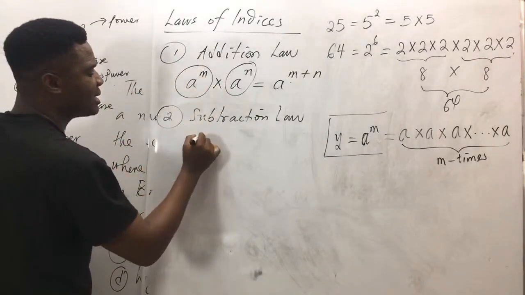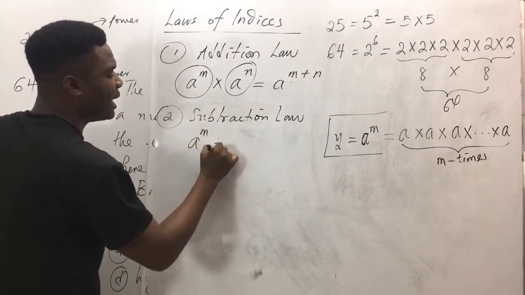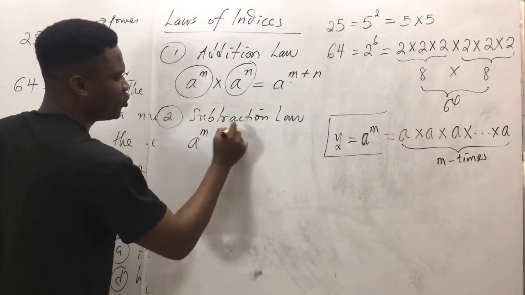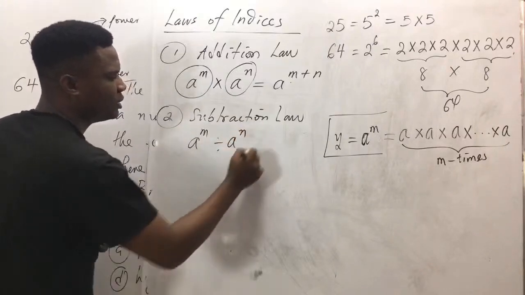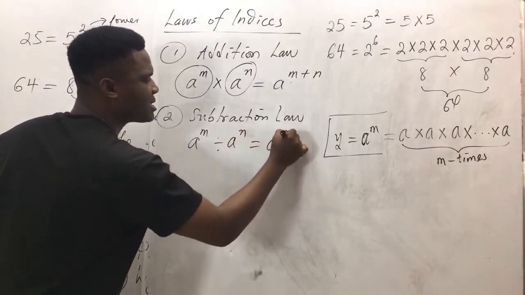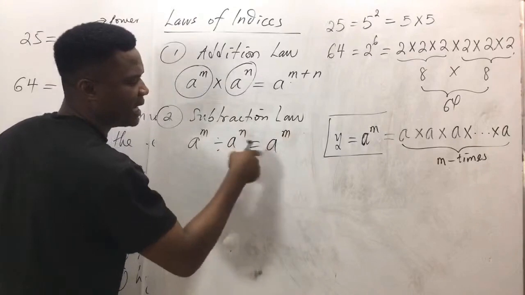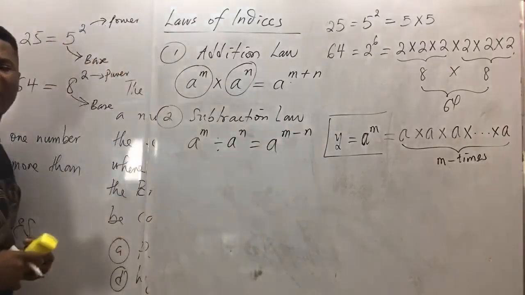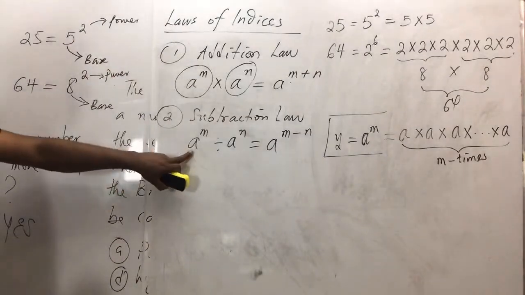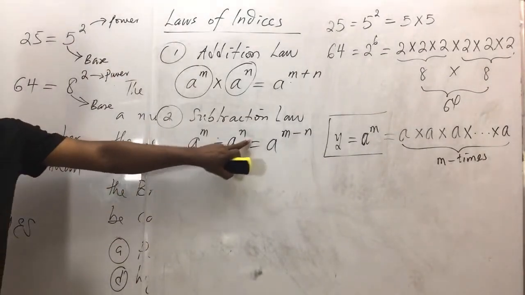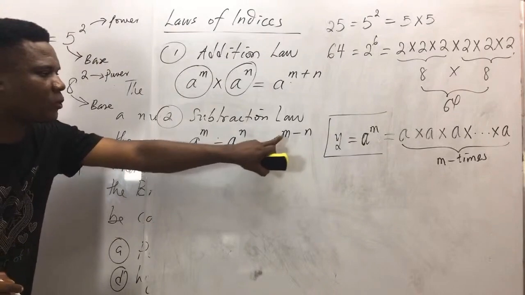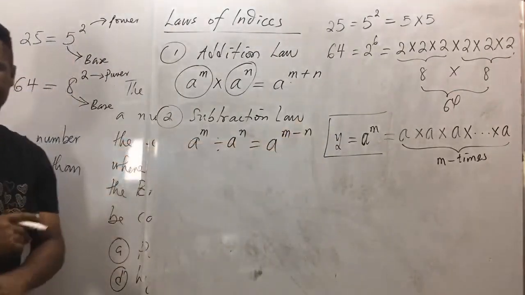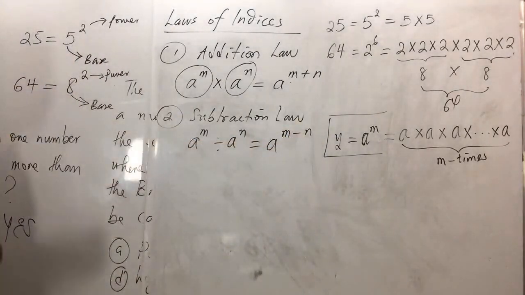When two numbers in index form are divided one by another, the result is the base raised to the subtraction of one power from the other. So you end up having a raised to the power m divided by a raised to the power n is equal to a raised to the power m minus n. So this is the second law, and it is called the subtraction law.